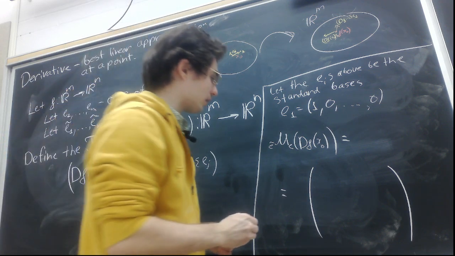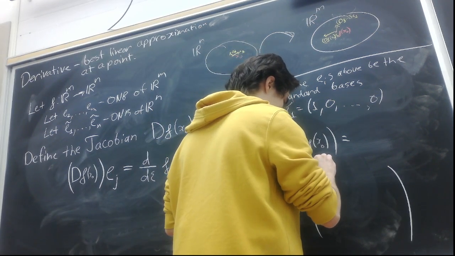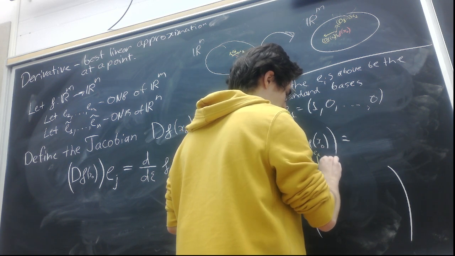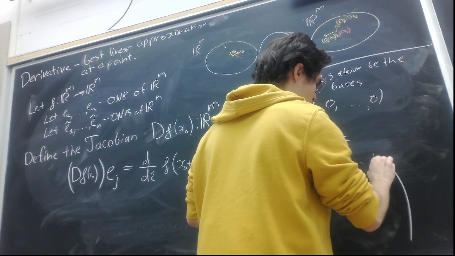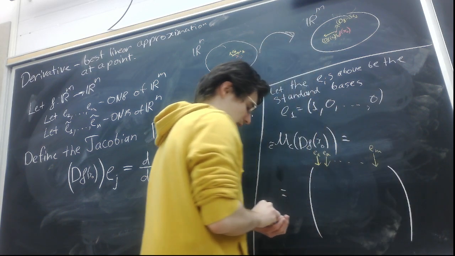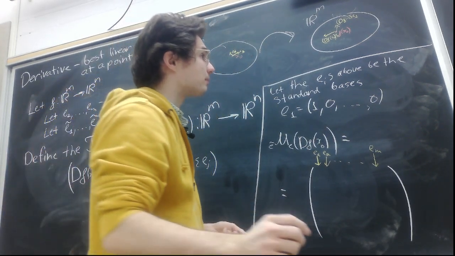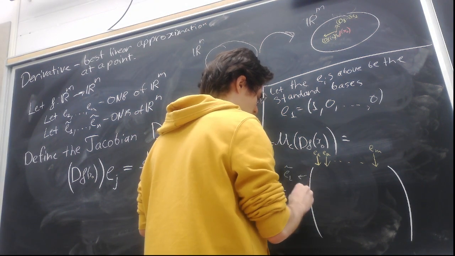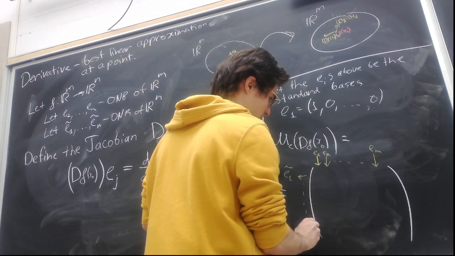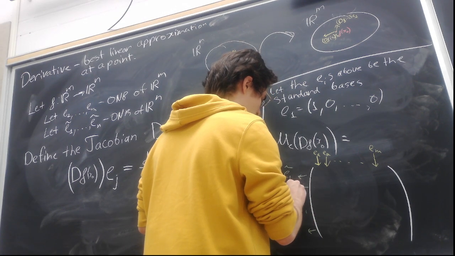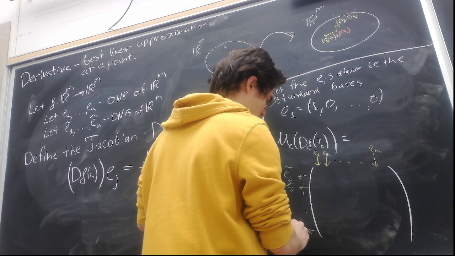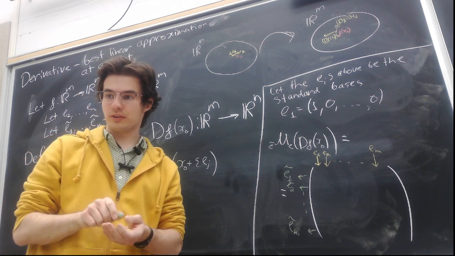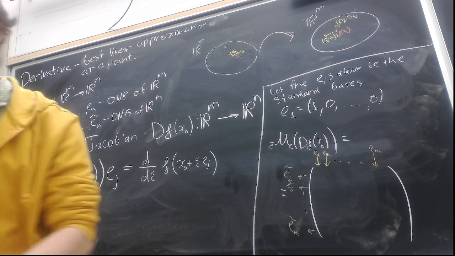On the input I'm going to be plugging in E1, E2, ..., Em, and on the output, the output here is going to be E1 tilde, E2 tilde, ..., Em tilde. Remember from what we learned about what matrices are? Oh, right, it's this.